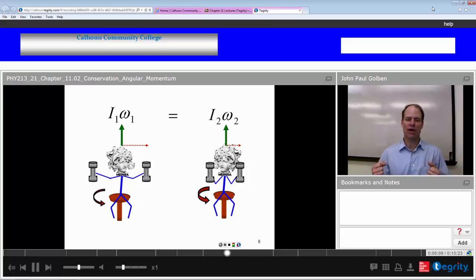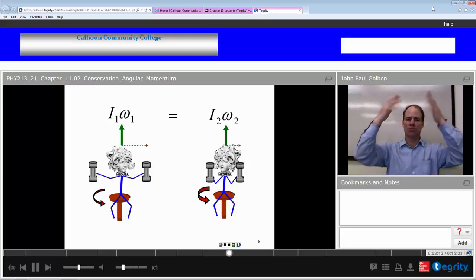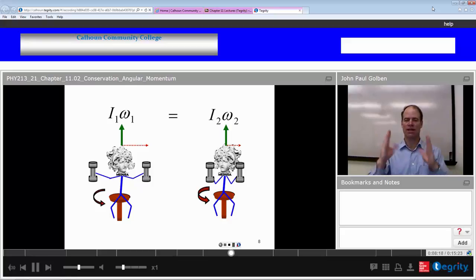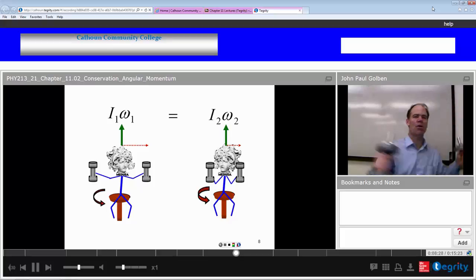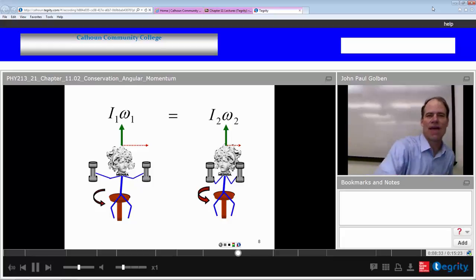Why would that greatly change her moment of inertia? Well, she's going to have a certain moment of inertia associated with her body. We can almost think of that like a cylinder, 1/2 mr squared. If we were to calculate that, we'd get some kind of value. But if you take these weights and you hold them out at some distance away, that moment of inertia goes up by mr squared.